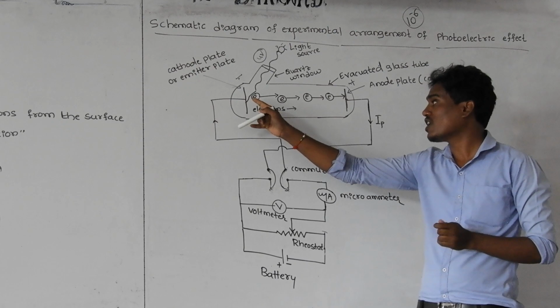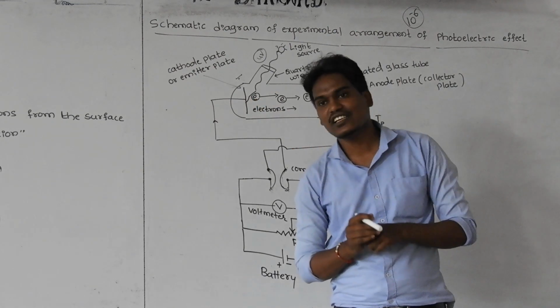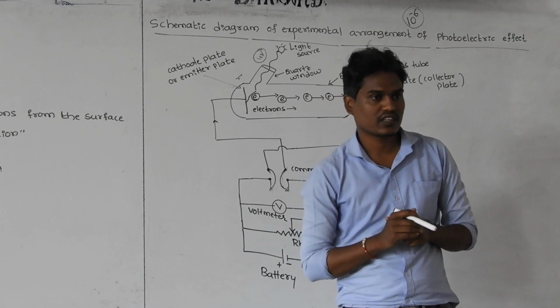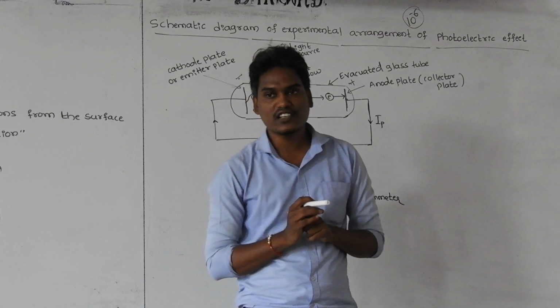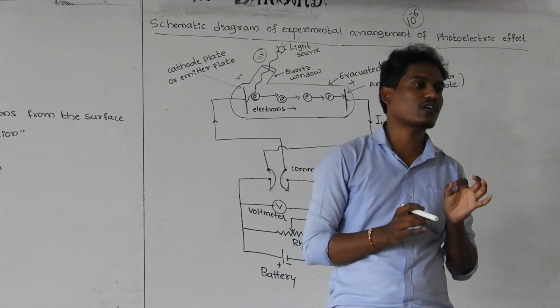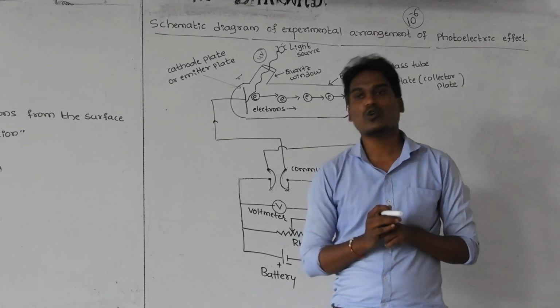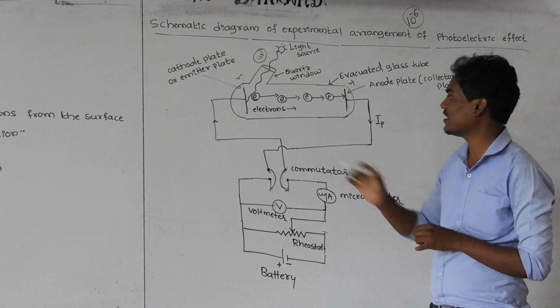Whenever the electrons are moving from one point to another point, suddenly there is a generation of current. As you know very well, what do you mean by current? How to define current? The flow of electrons in the conductor, or the flow of electrons in a metal wire, is called current.